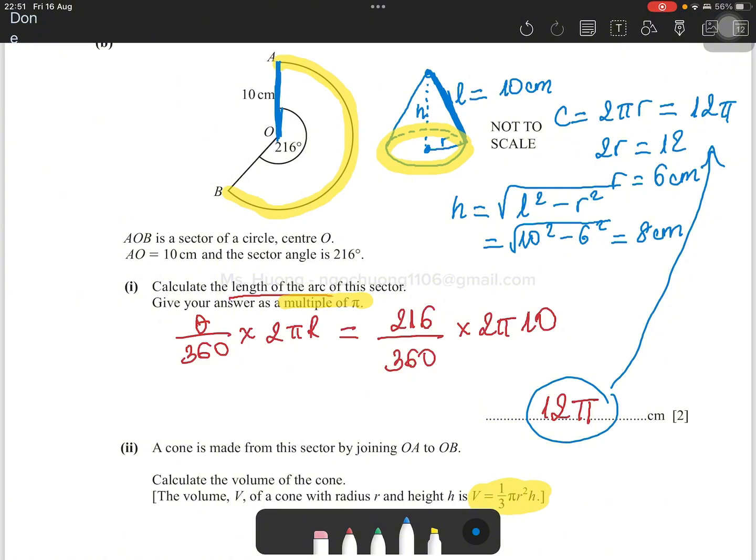And now if we know the height and the radius, we can find the volume of the cone. The volume is 1/3 pi r squared times height, which is 1/3 of pi times 6 squared times 8, equals 302 cubic centimeters.